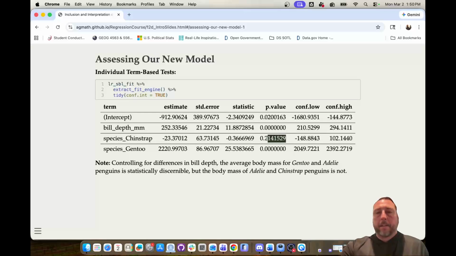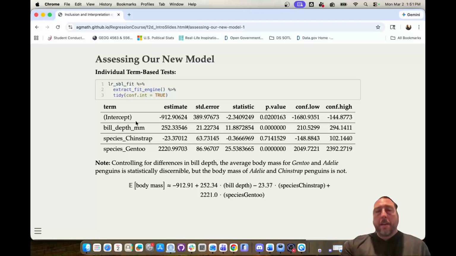However, because the p-value here attached to chinstrap penguins is so high, this indicates that even controlling for differences in bill depth, chinstrap penguins and Adelie penguins may not have different body masses. We were able to estimate a difference, but we're not able to claim that that difference is not 0. If you look at the confidence interval for that coefficient, it contains both negative numbers and positive numbers, so it also contains 0. So 0 is a plausible coefficient there.